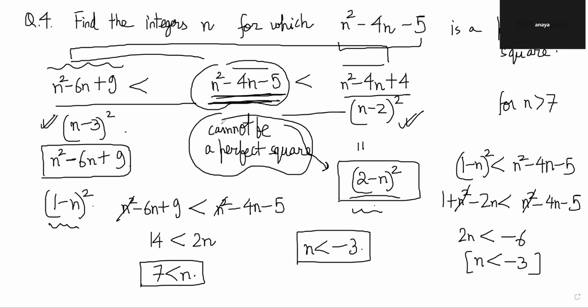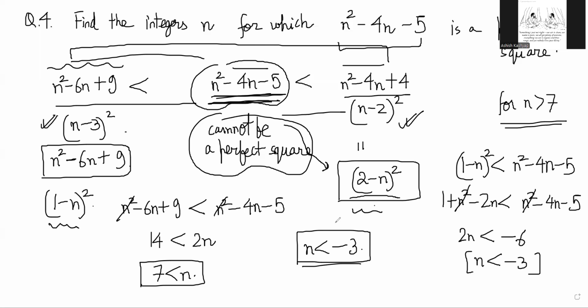So what we have done so far is we have excluded all the n's greater than 7 and less than minus 3. In those cases, it cannot be a perfect square, right? So now we just need to check the numbers from minus 3 to 7, because the possibility is there that it could be a perfect square there.